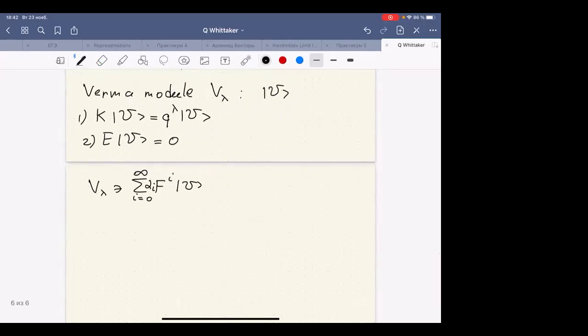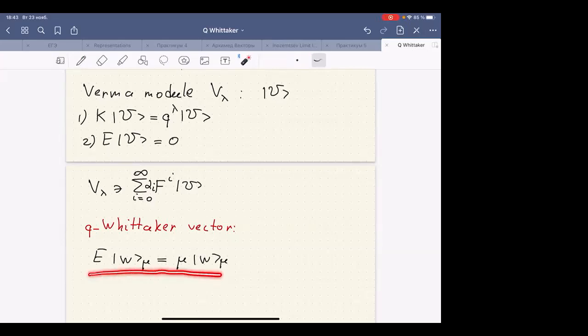And then we search for a q-Whittaker vector, which is defined just as in the non-quantum case: E on the Whittaker vector with subscript mu is equal to mu. So this is the definition of the Whittaker vector.